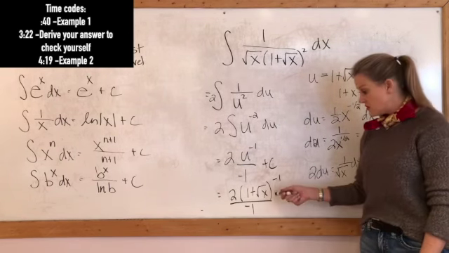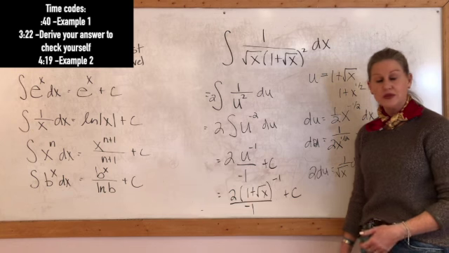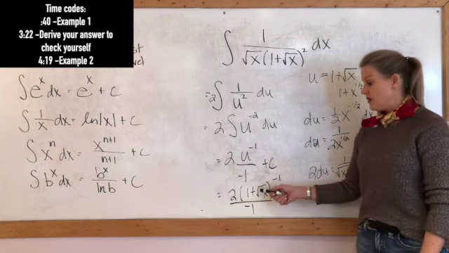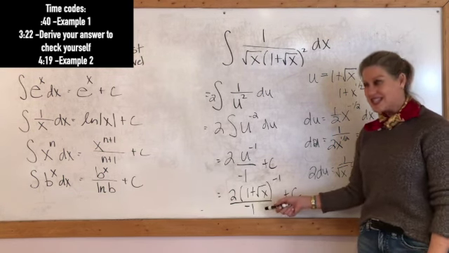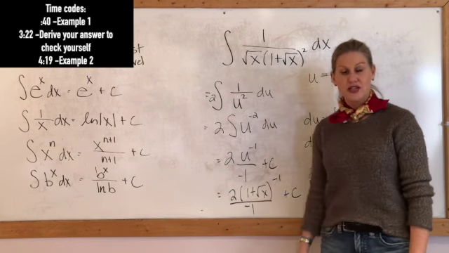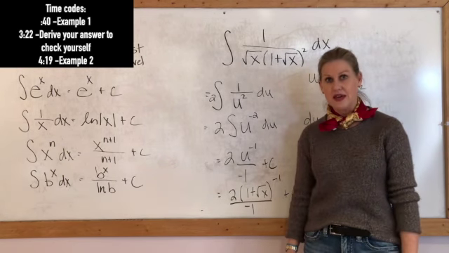And then if you want to, you can derive that to check it. You'll have to use chain rule. There's nothing wrong with that. But the derivative of this gets me back to my original answer, and that tells me that I have done this correctly.